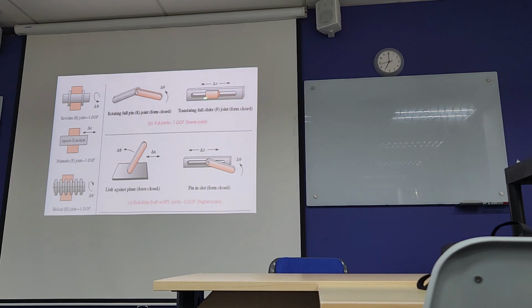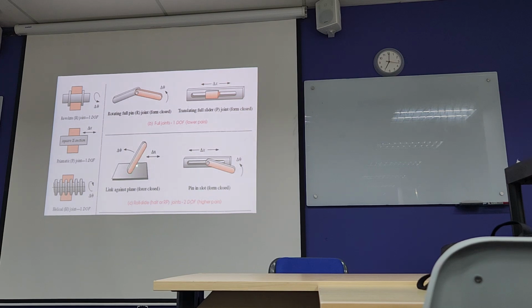In the sliding joint you know only the linear displacement, so there's no y coordinate and no angle. The degree of freedom for both cases is 1. These are the full joints, so you can see the degree of freedom is reduced. For a simple pencil the degree of freedom is 3, but for 2 links connected with a pin joint or a slider joint, the degree of freedom is only 1.